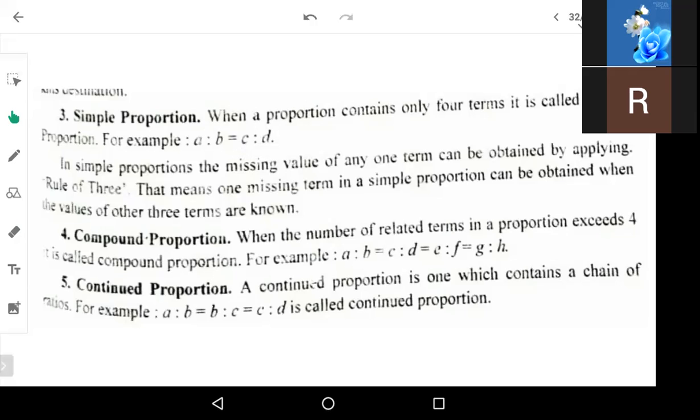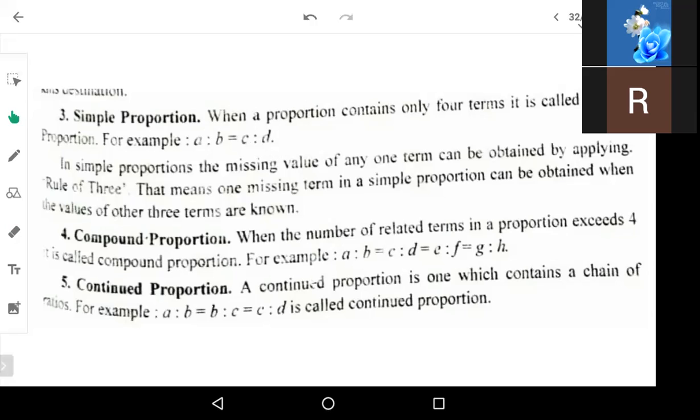So that will be the rule of three which you will be applying for simple proportion. It's not too complicated to solve. You will just have three quantities and one missing. To find out that one missing, you'll use all the three quantities. We will be solving the sums regarding that. So that is simple proportion.